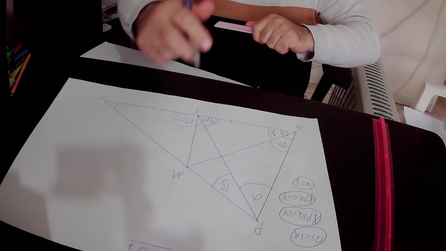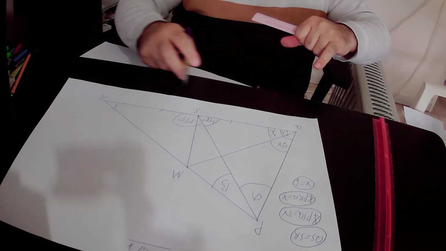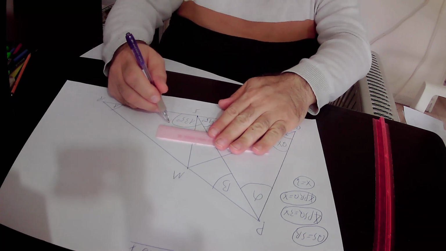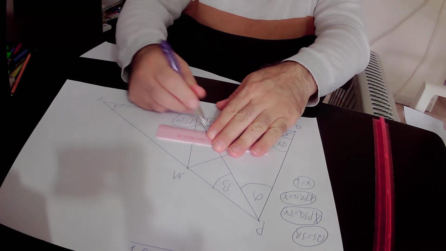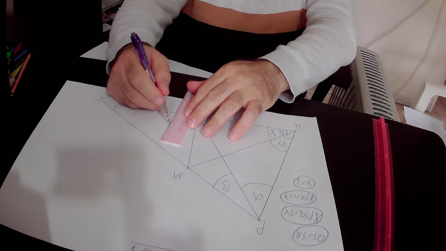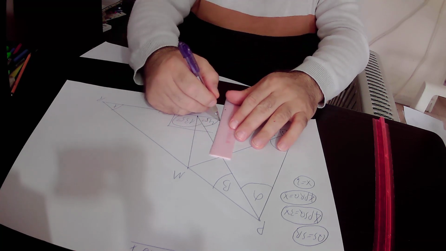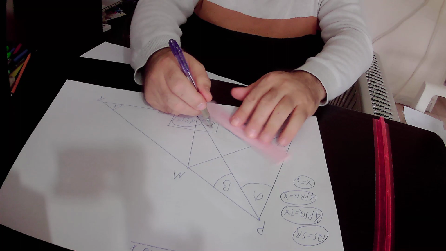That is to say, the median MS is perpendicular to the base QR. That is to say, this angle equals 90 degrees, and this angle also equals 90 degrees, according to rule number 3.